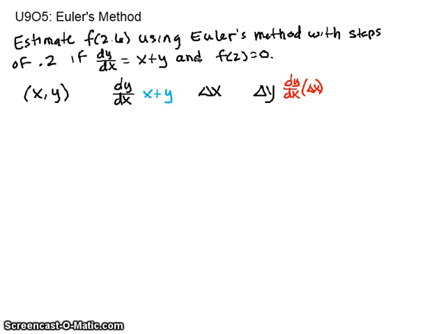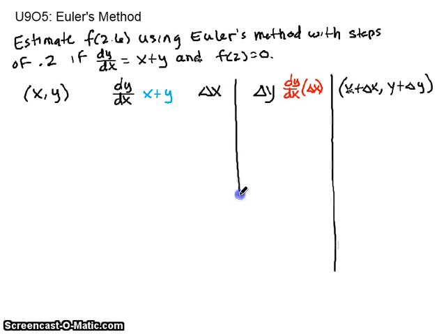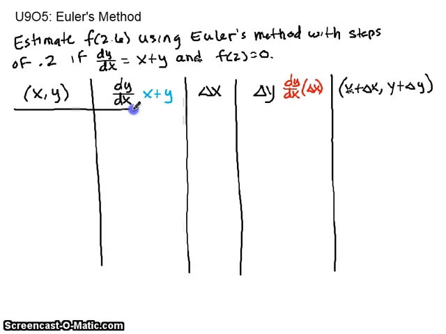And then our last column is going to be another point: x plus the change in x, comma y plus the change in y. This table is going to be set up every time you use Euler's method. The steps are always going to be the same, except with different numbers, because your differential equation is going to be a little bit different each time.